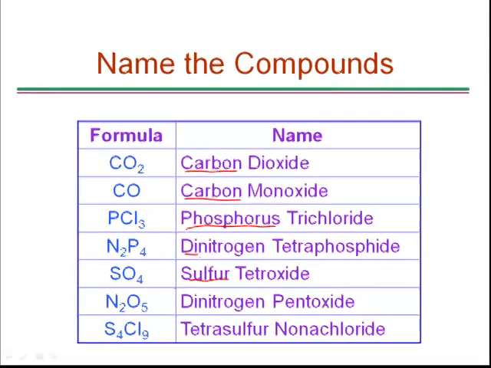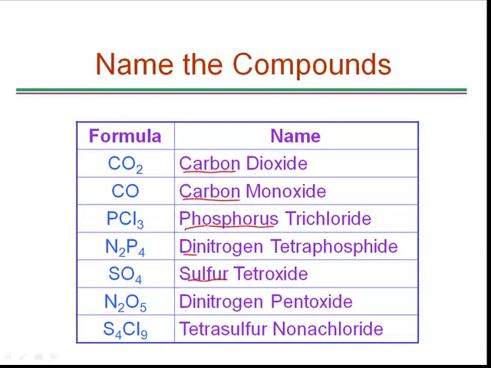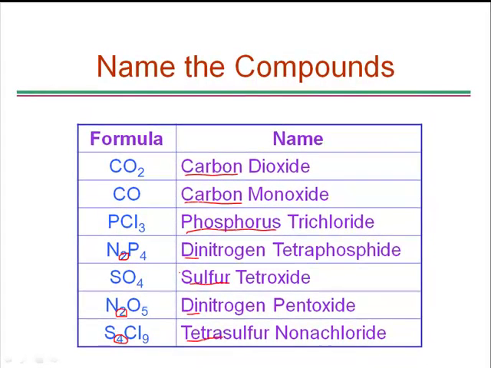So di means 2. Di means 2. Tetra means 4. And we get those from our little subscripts here. Okay? Tetraphosphide comes from this 4 here.